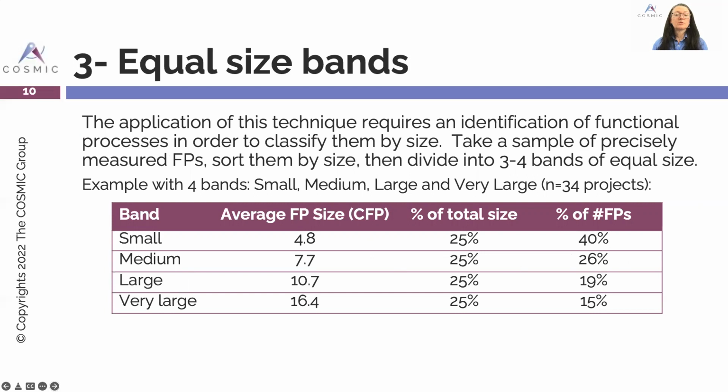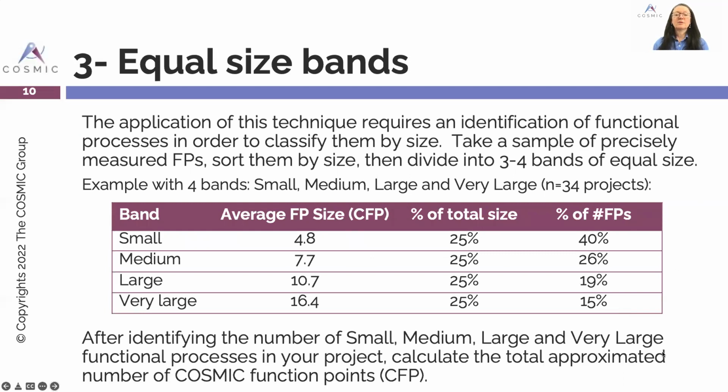The large functional process band was 10.7 COSMIC function points on average. It represented 19% of the functional processes, and the very large, 16.4, represented 15% of the number of functional processes.